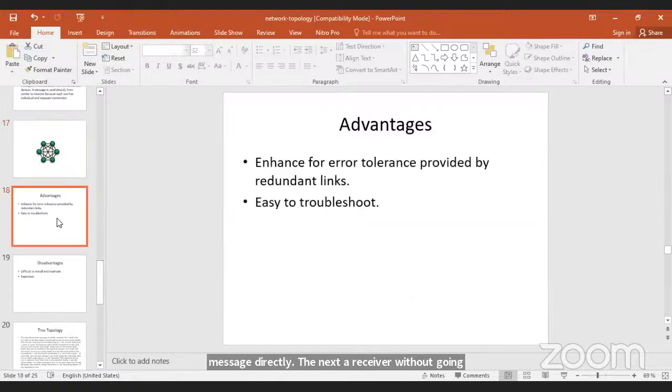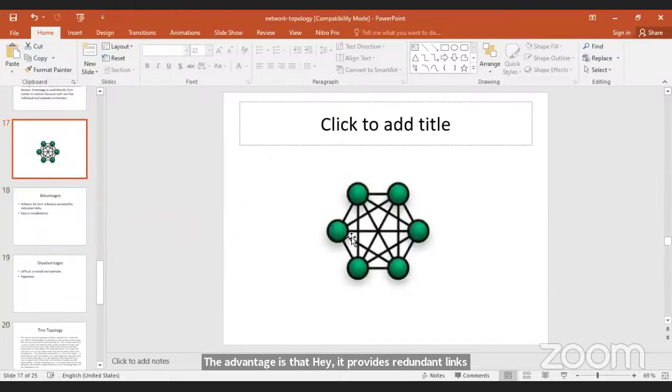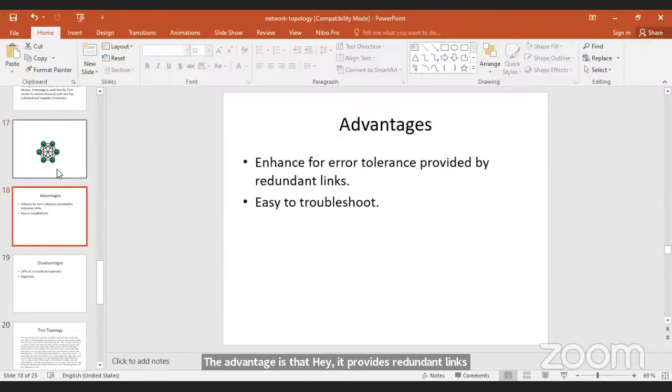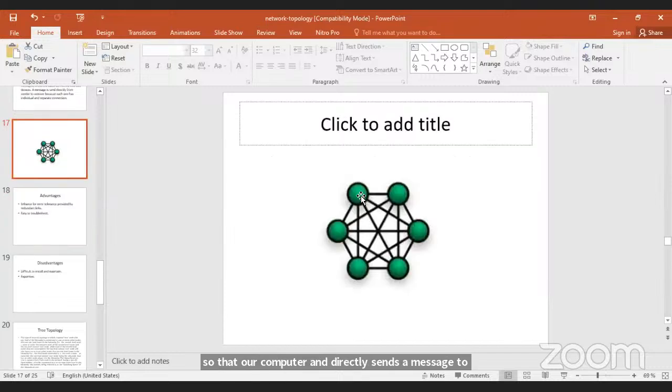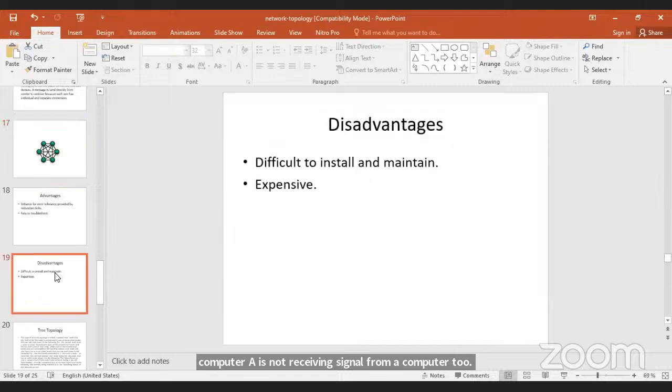Advantages of mesh is that it provides redundant links, and it's also easy to troubleshoot. If computer A is not receiving a signal from computer 2, you can just know that the link that connects these computers has a problem.